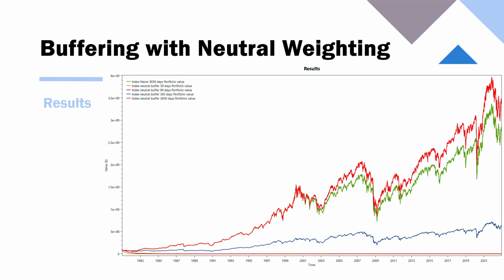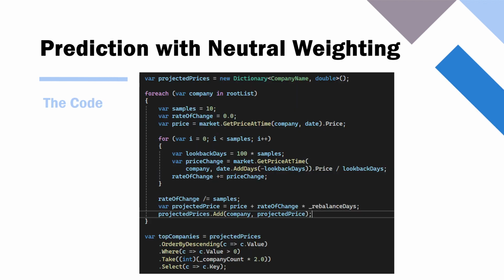So what does the code for this look like? Again, one step more complicated than previous ones. We have this code here. We have a number of samples, so we don't just want to look back at one point in time, we want to look back at a few points in time, and we also parameterize over a particular number of days per sample to look back.